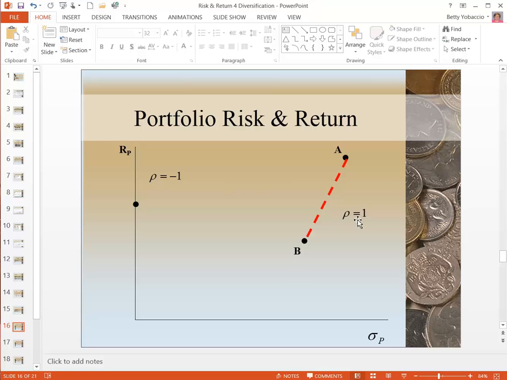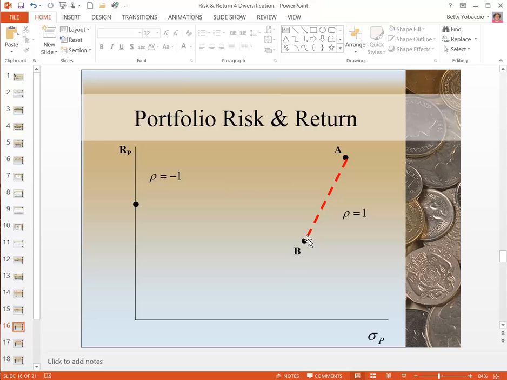And so first we're going to look at the case where the correlation between A and B is perfect positive. And only with perfect positive correlation do we find that both return to the portfolio and standard deviation of the portfolio are just weighted averages or linear combinations of the returns to the individual securities.